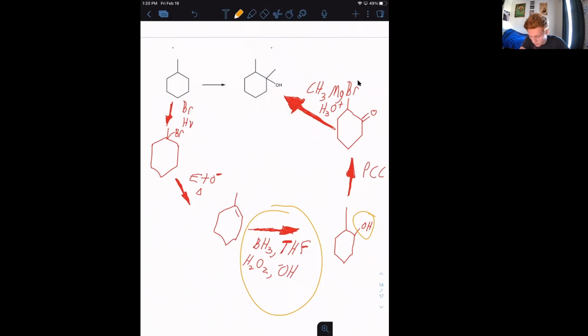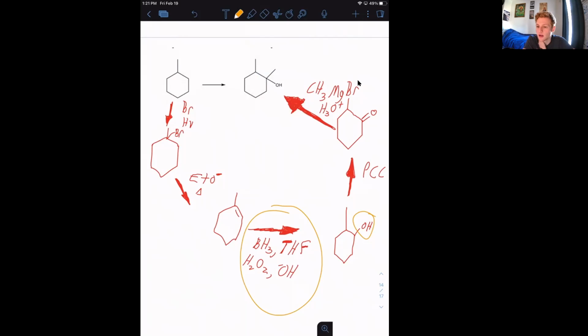So the first step of working back from there is that you know you can make an alcohol. So just use PCC. And then from here, I like to just punch it all the way back to the start. And the start for this one, I guess, just hold on, the molecule is not a very reactive molecule, methylcyclohexane. So you're going to want to use radical bromination and then eliminate it.